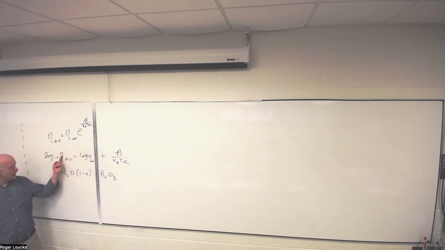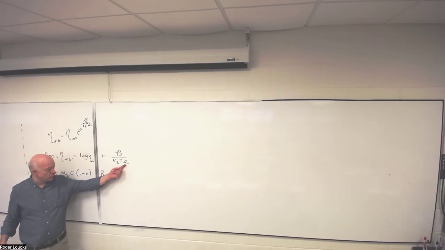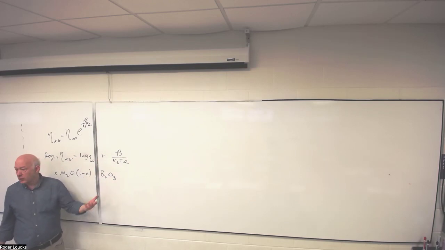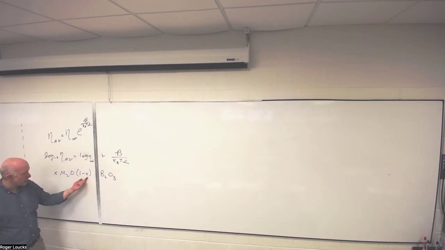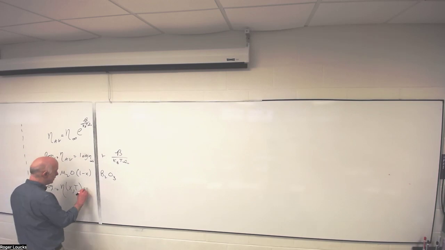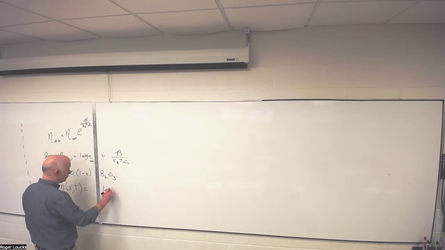And so this eta is going to depend on the configurational entropy and the particles. They're going to depend on the composition X. So I could just as well write log base 10 of this eta as a function of X, and it's also a function of the temperature as well.